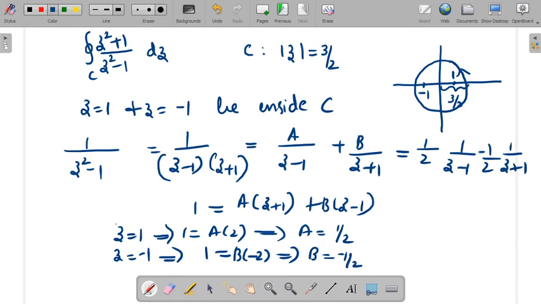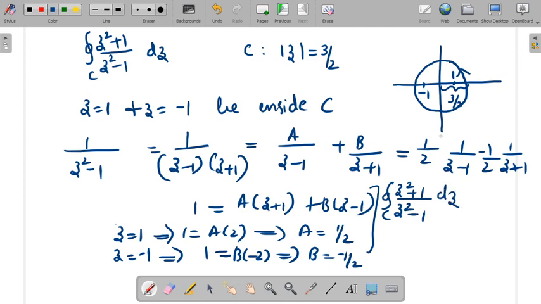So what we have done is we separated the denominator into linear factors. This is called partial fraction method, and I haven't taken into consideration the function in the numerator. I don't bother about it because my aim was to split the denominator into linear factors. Now you just multiply with that function. So integral over c z square plus 1 divided by z square minus 1 dz.